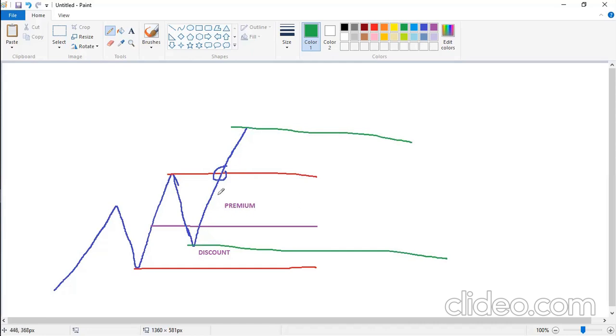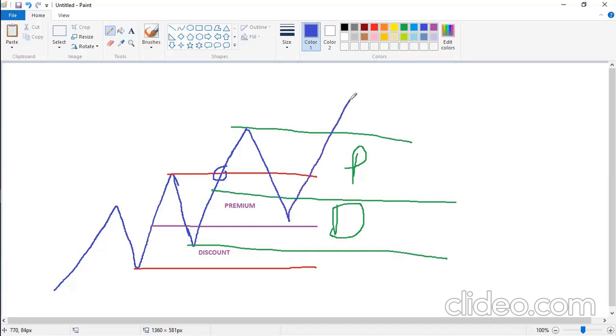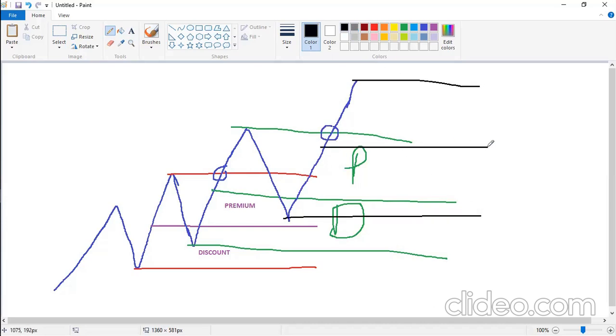If you divide this new range in half again, this is your new discount and your new premium. You wait for price to come down to discount to buy again, and then BMS here. Then you have a new range, new high, new low, new 50%, new discount, new premium. Price comes down to discount, you buy, then price goes up. So we are always buying in discount.